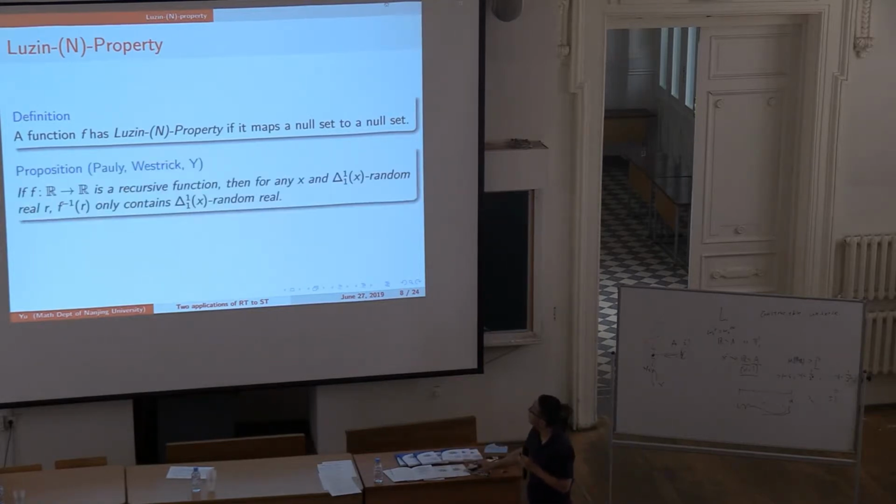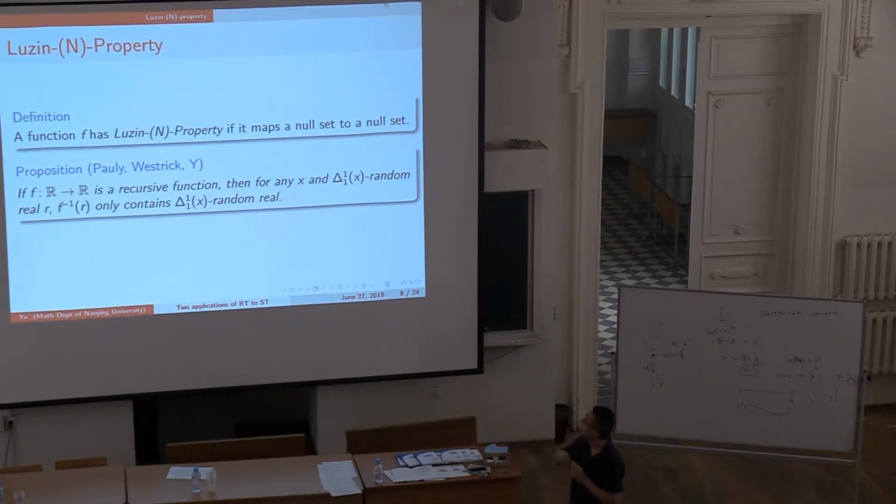There is a very natural recursion theory interpretation of this notion. For a continuous function, having the Lusin N property just means it does not decrease randomness. So there is a way to formalize this notion.